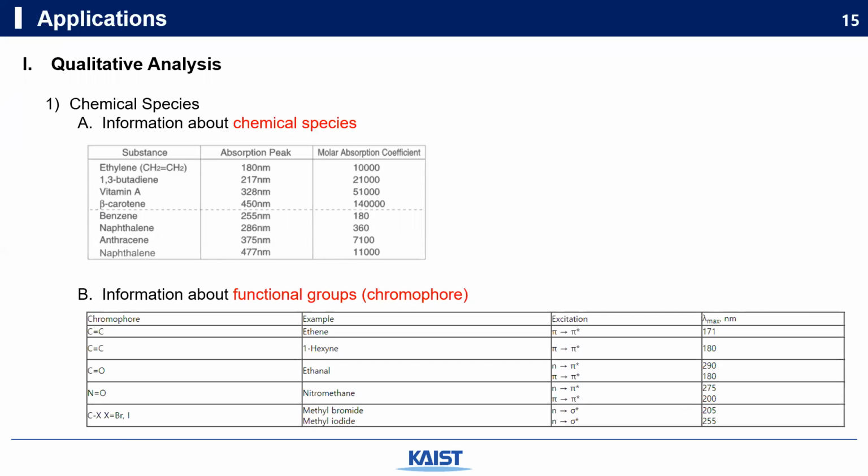Moreover, not only for complete molecules, if the sample molecules contain unique functional groups called chromophores, their distinctive absorption peaks also appear, just like this. Using these peaks, assumption for consisting functional groups is also possible.